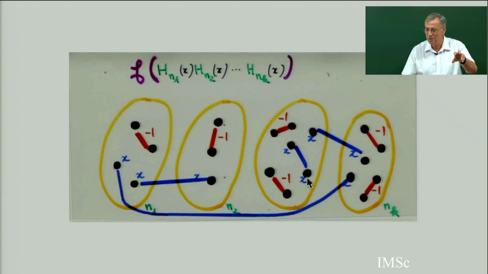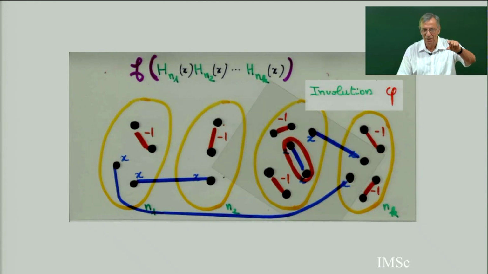I put in blue, see, I have red edges. In blue are the edges coming from the f. And in blue, there are edges which are internal, inside, or there are some edges outside. So take one of these edges, put it in red. This gives you another configuration.